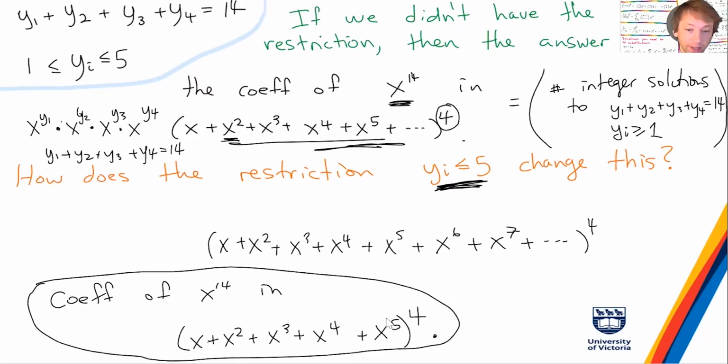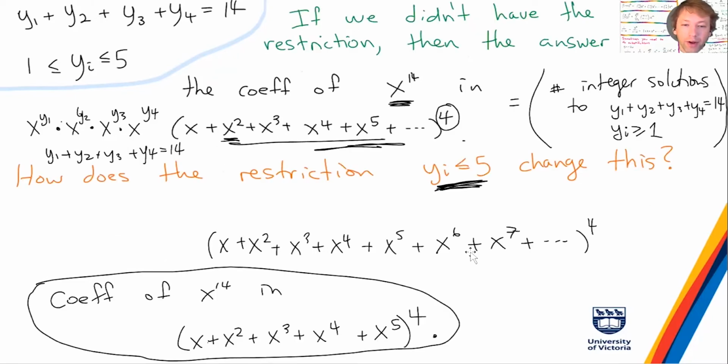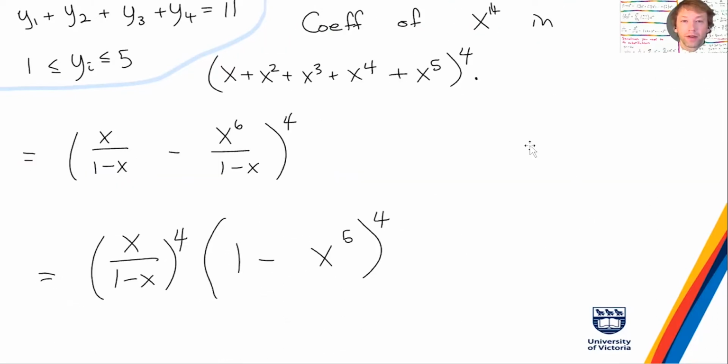That's going to basically do the same thing as restricting yi, because the exponents are all at most 5 and at least 1. Now, how can I write this? A lot of generating functions is about recognizing patterns and recognizing ways to rewrite expressions.